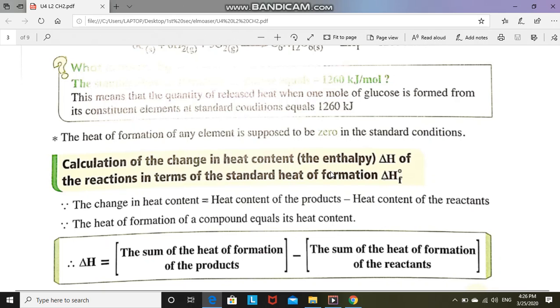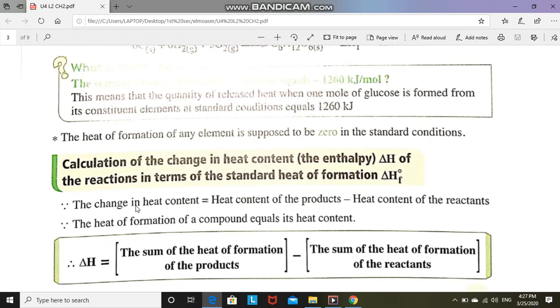Okay, we have to know, or we calculate, the change in heat content or enthalpy delta H of reaction in terms of standard heat of formation. Okay, if we want to calculate it, we have that change in heat content. How will it be produced? We have heat content of products minus heat content of reactants.